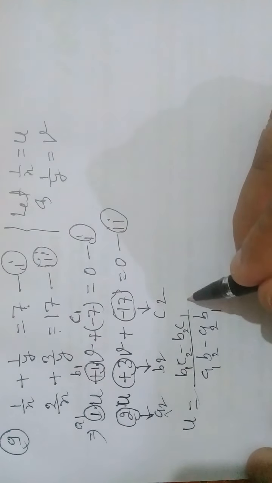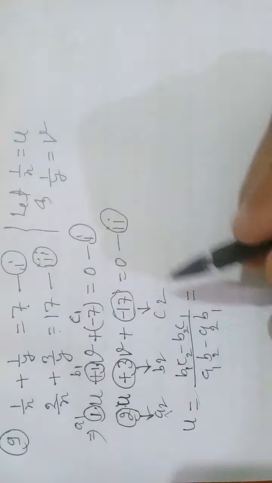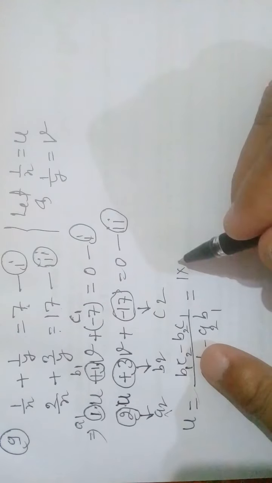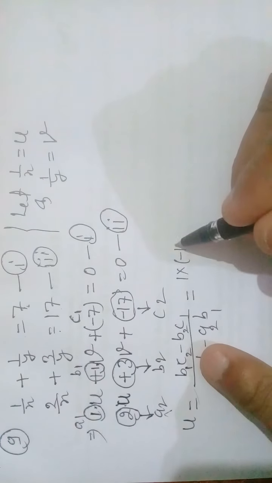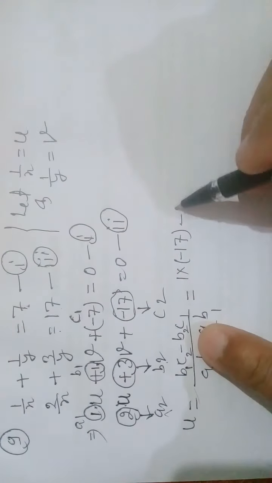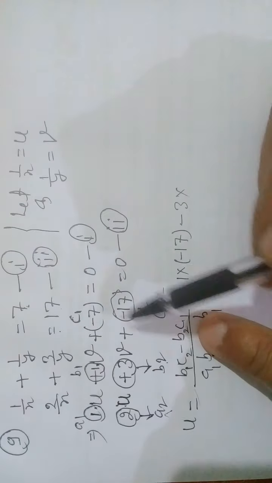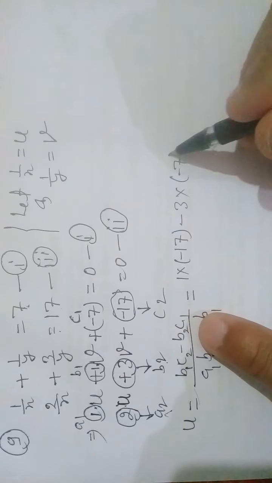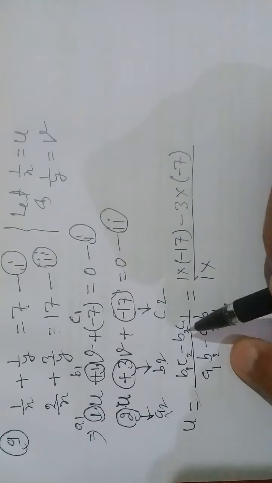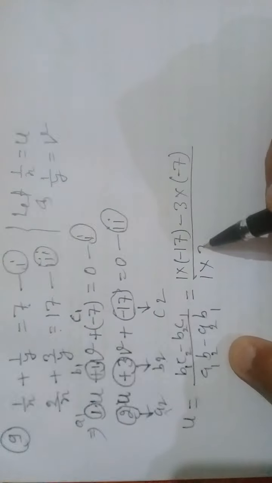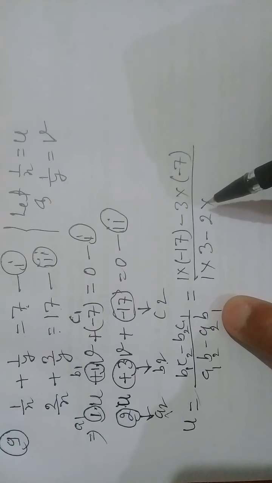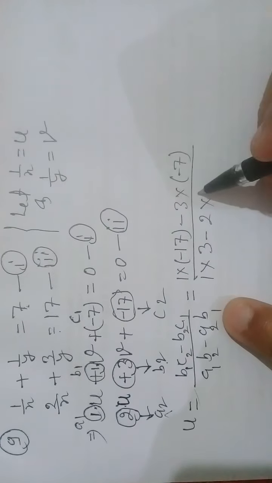Now putting in the given values. So b1 is 1 into c2 is -17, minus the value of b2, which is 3, into c1, which is -7, by the value of a1, which is 1, into the value of b2, which is 3, minus a2, which is 2, into the value of b1, which is 1.